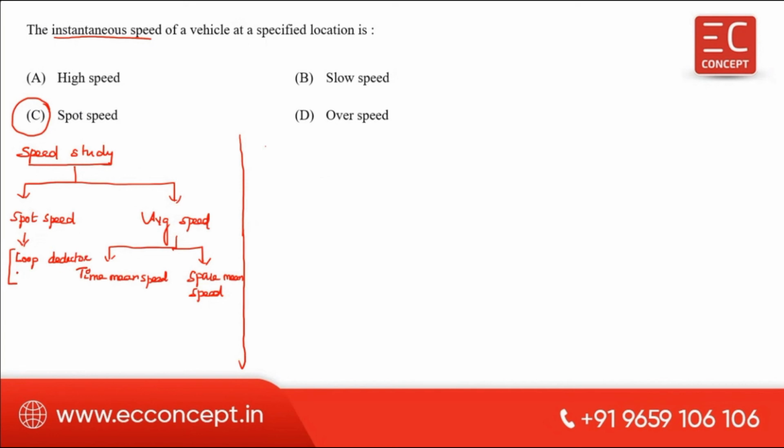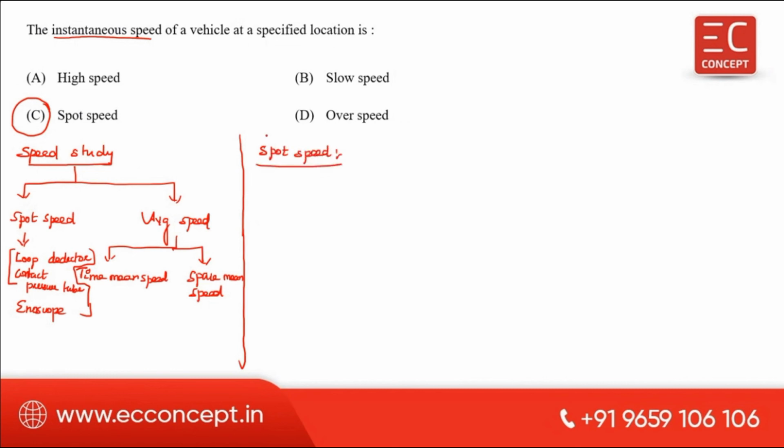Next one is contact pressure tube, then ionoscope. These all are the equipment used for measuring the spot speed study. So you have to read this. In the upcoming years, you can expect a question. Then what is a spot speed?